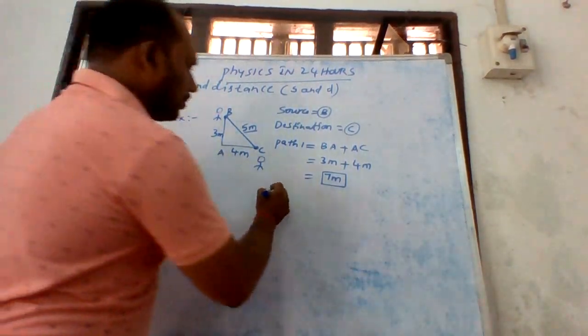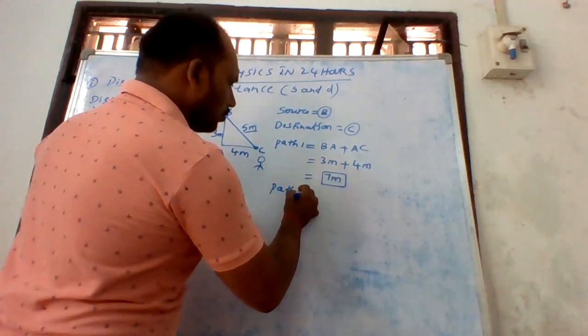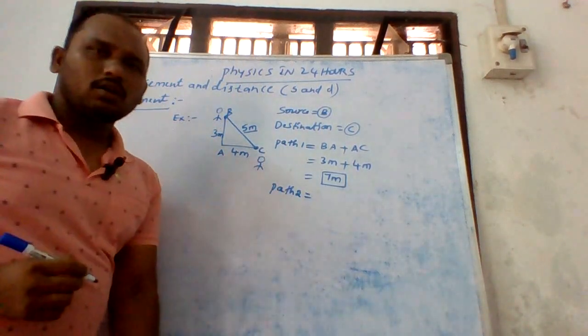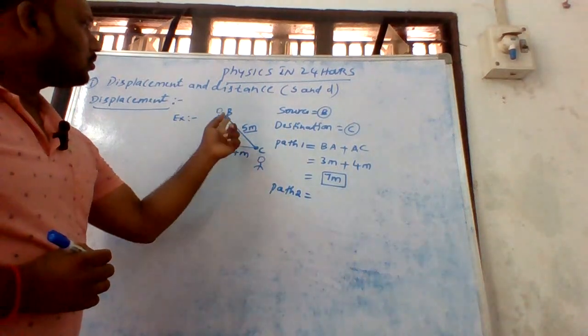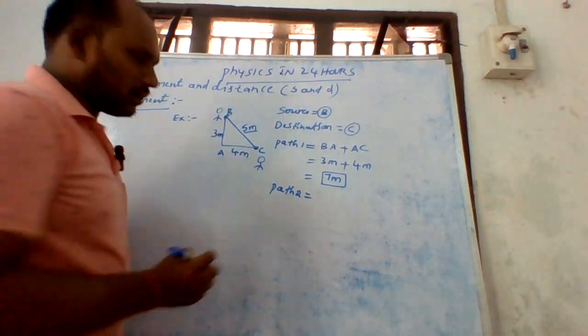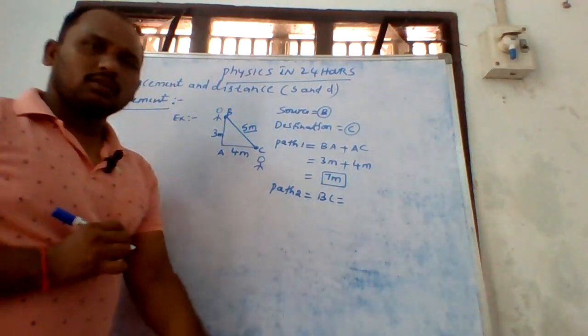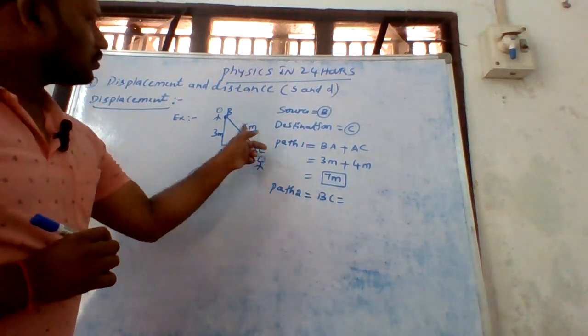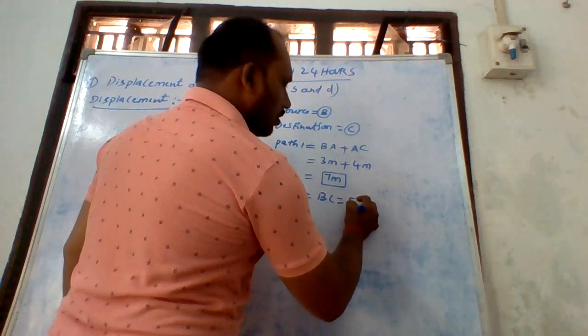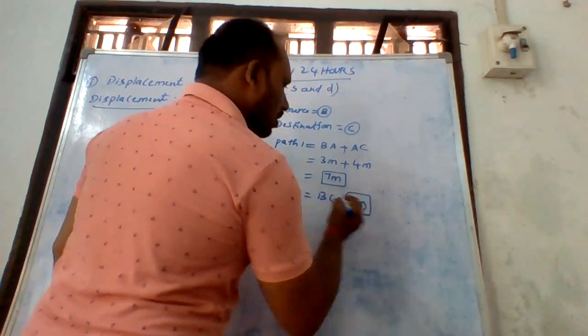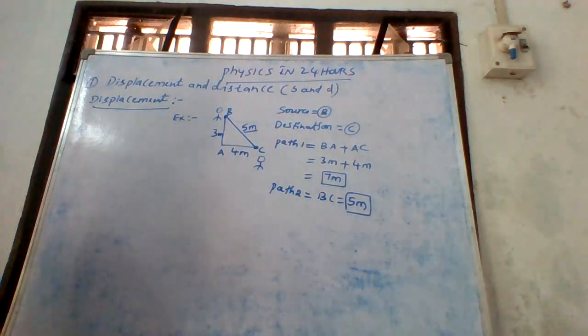Now I take another path, path 2. In path 2, B to C is the direct path. What is the BC value? 5 meters. So compare these two values.